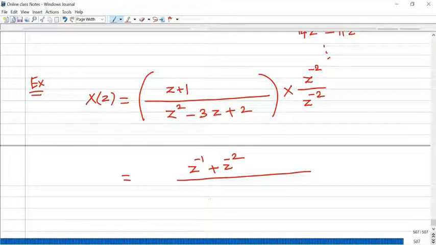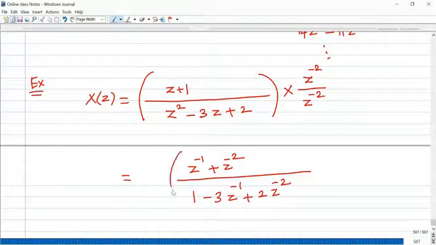In the denominator, z square times z power minus 2, z power 0, gives 1, minus 3 z power minus 1 plus 2 z power minus 2. So you convert to this particular format.